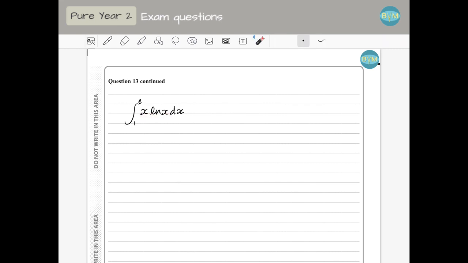So I don't know how to integrate ln x, so I'm going to differentiate ln x. That's going to be my u. And then the other one is going to be dv, x dx. Remember, when we integrate by parts, we do integral of u dv is going to be uv minus integral of v du.